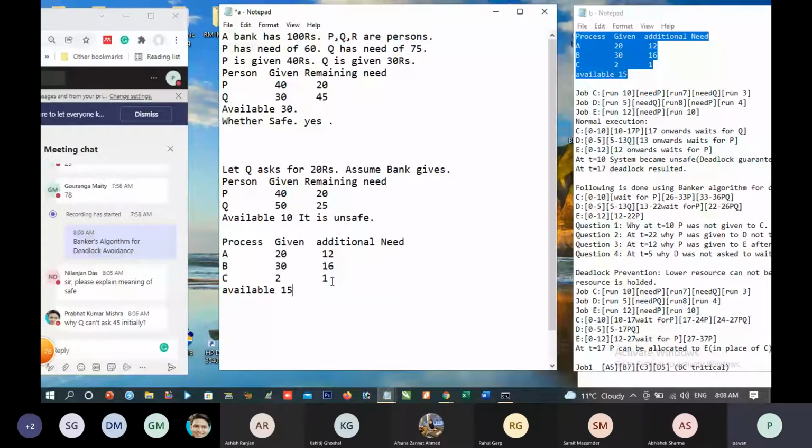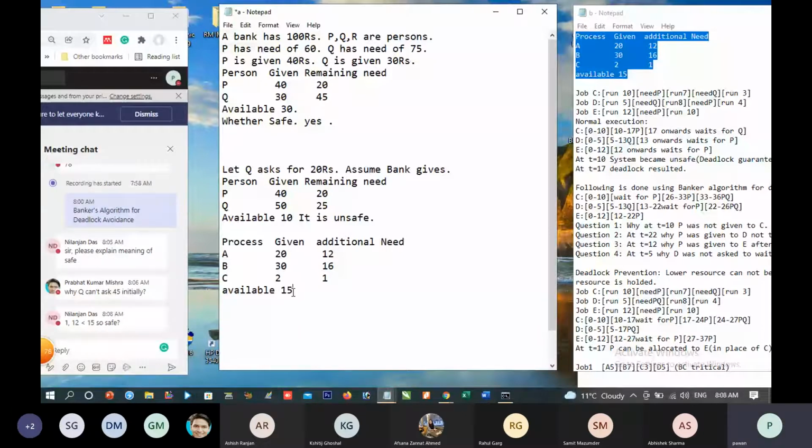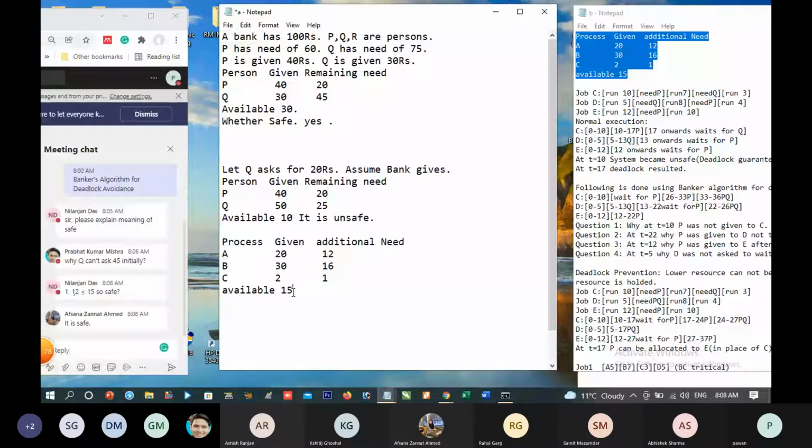Whether the situation is safe. At present, available amount is 15. Yes. Fully correct. If B asks, we shall deny. But if A asks, we shall let him take. Is it correct?